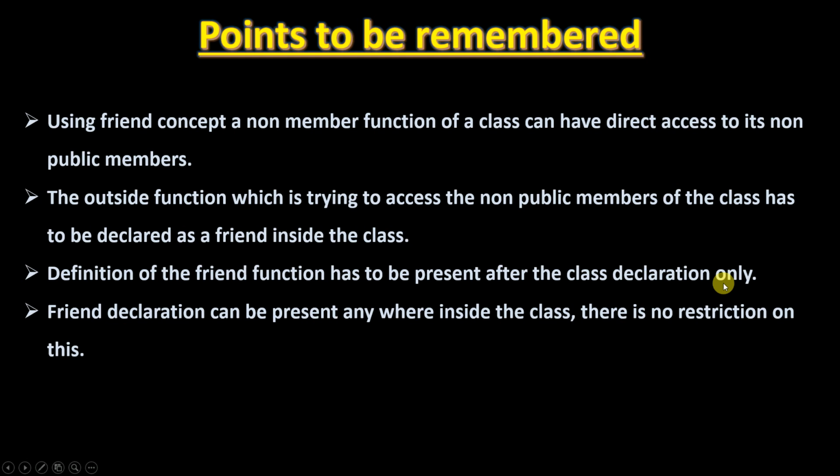We have seen the error if I give the function definition before the class itself. Even if you give the forward declaration of the class, it will say incomplete class. You cannot use the data members of an incomplete class because the class is not yet defined.